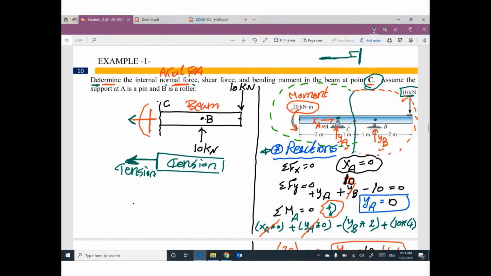I'm gonna assume shear like this. Why? Because this direction of the shear will cause clockwise rotation of this beam. Do you remember that?